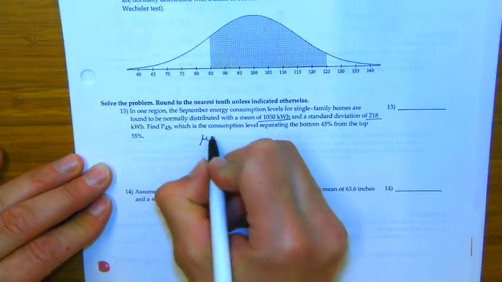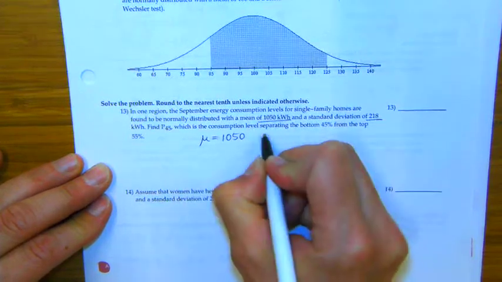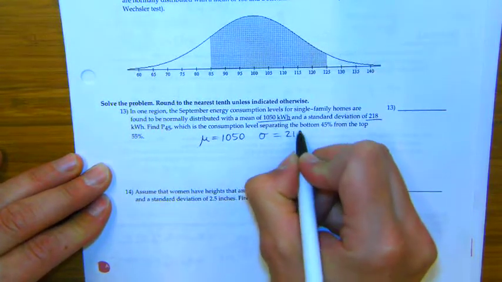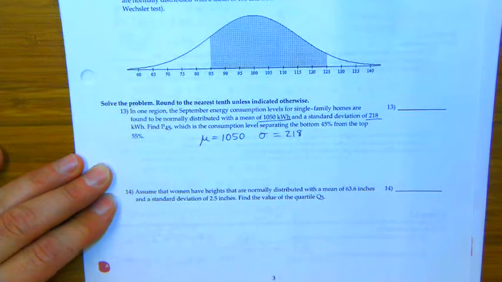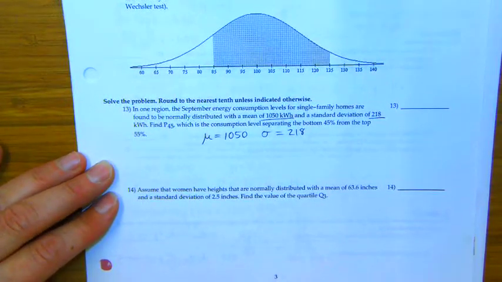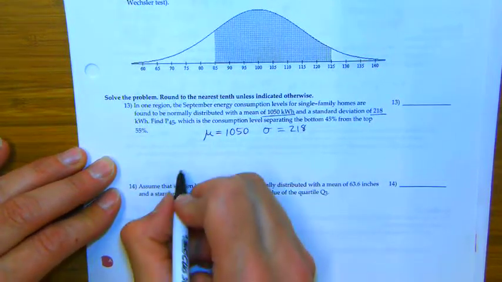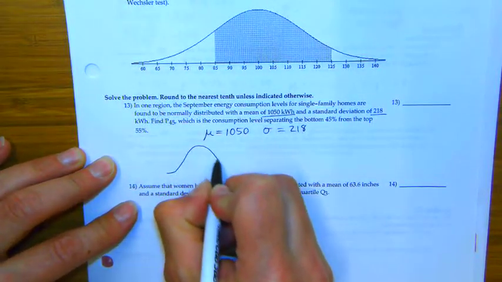Okay, so we have the mean of 1,050 and the standard deviation of 218. Find P45, which is the consumption level separating the bottom 45% from the top 55%.